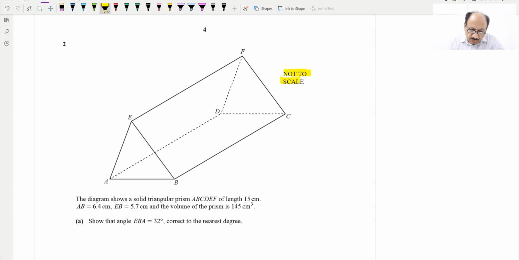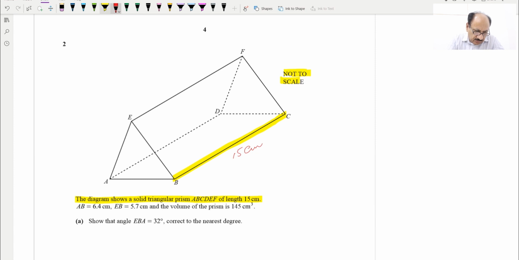The diagram provided is not to scale. The question says the diagram shows a solid triangular prism ABCDEF of length 15 centimeter. So length is this one, which is 15 centimeter. I'll be labeling this.